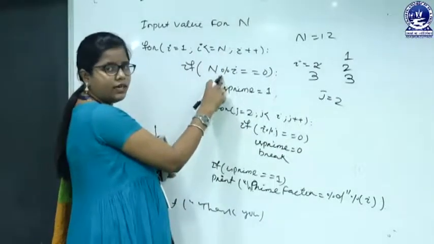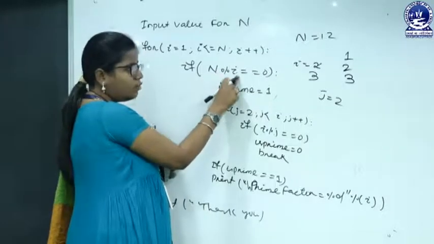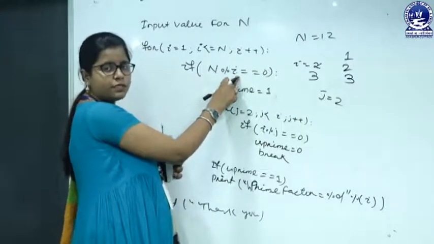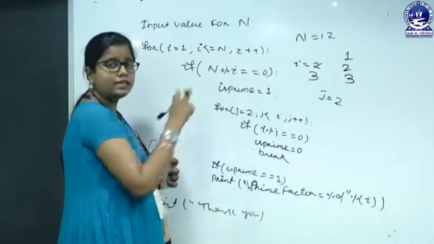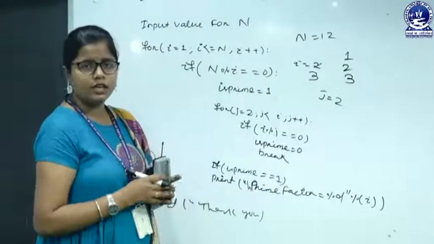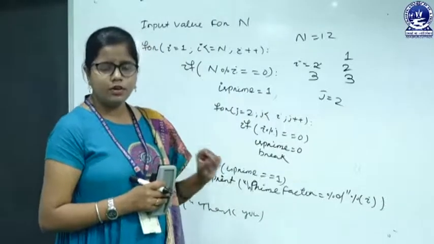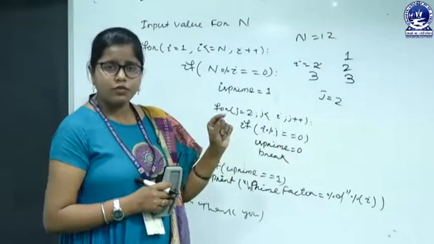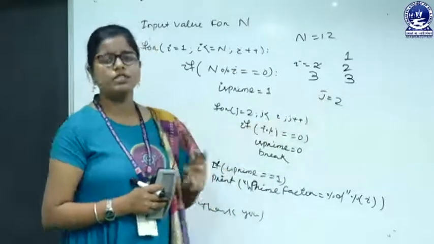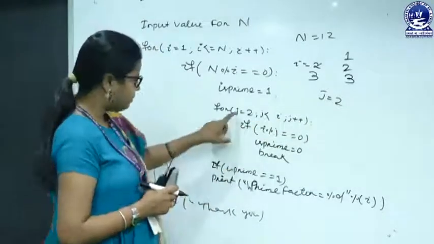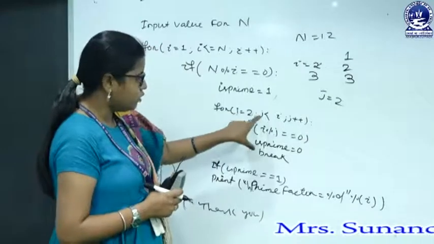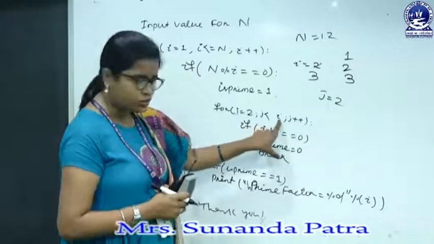Then we will go here. 12 modulo 4 equals to 0, true. That means 4 is a factor. So let's say is 4 a prime factor or not. If 4 gets printed here, then that means 4 is a prime factor. If 4 will not be printed here, that means 4 is not a prime factor. So j equals to 2, j less than 4, true.